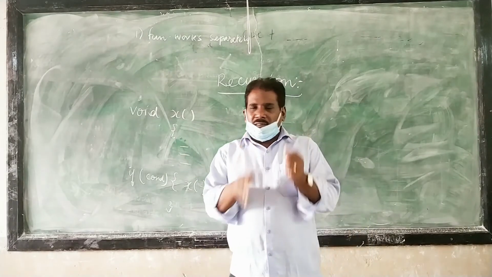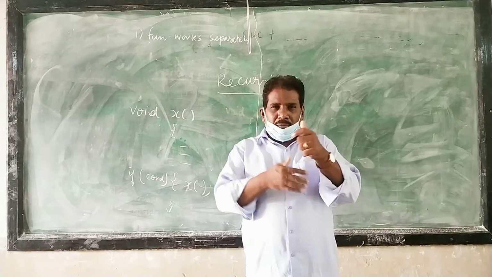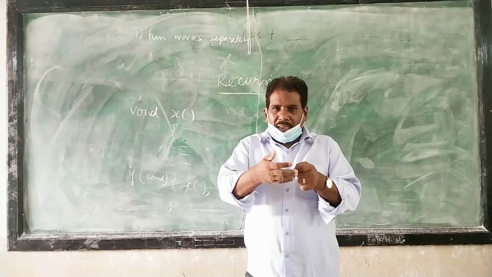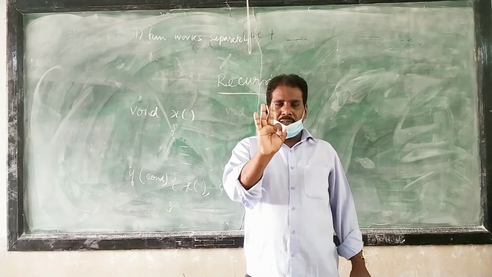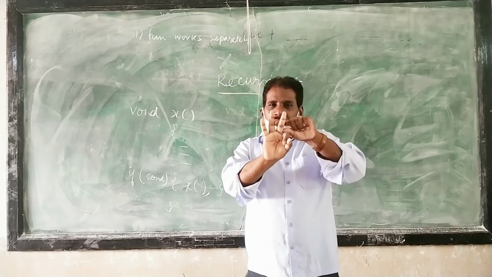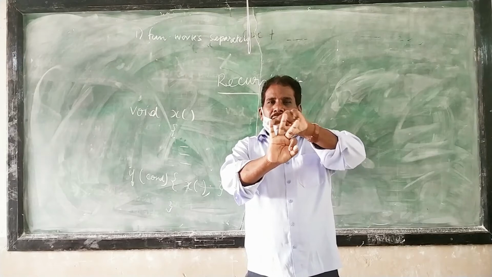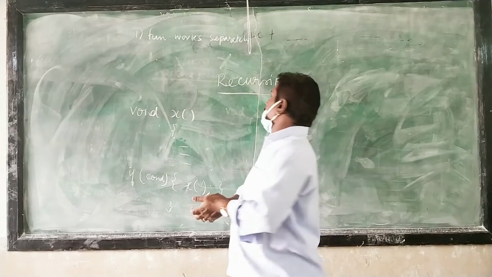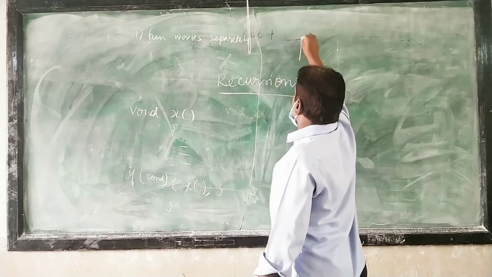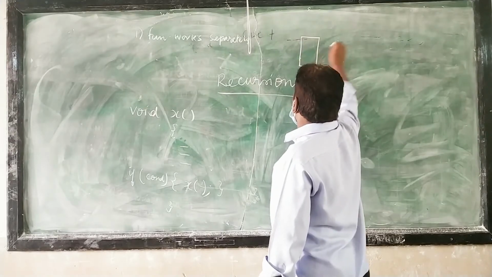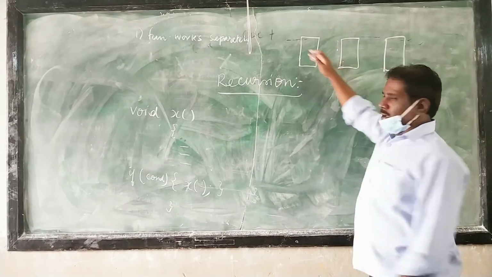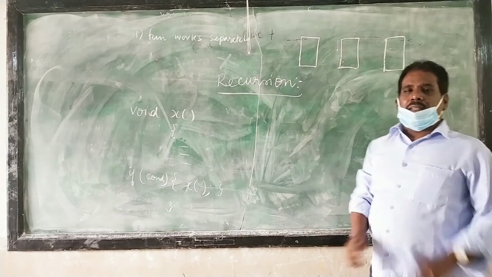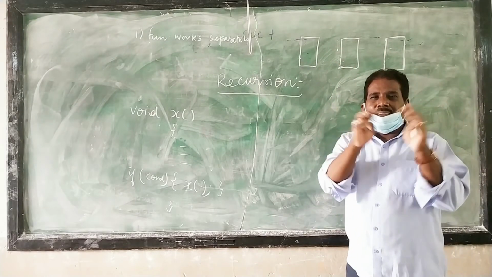Recursive process is nothing but calling the function again and again. If you imagine that the function is called 3 times, those 3 works happen separately. It is the first work, second work, and third work. They happen separately.